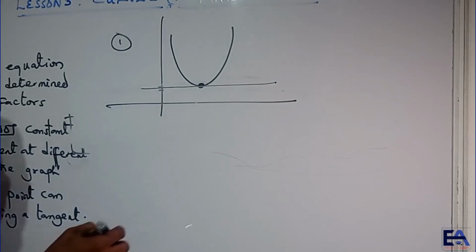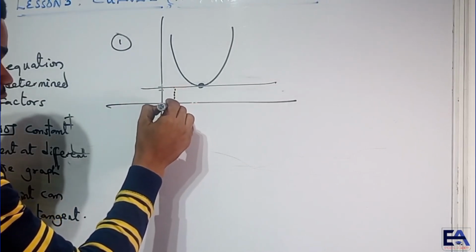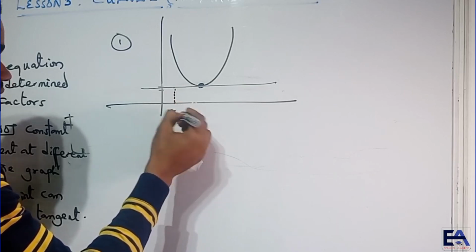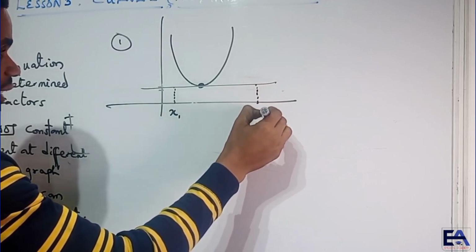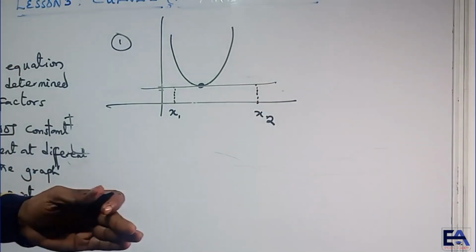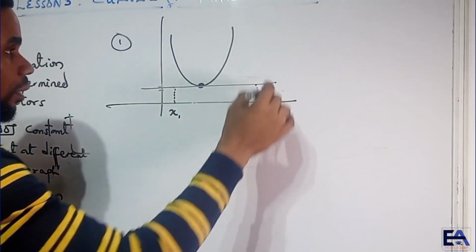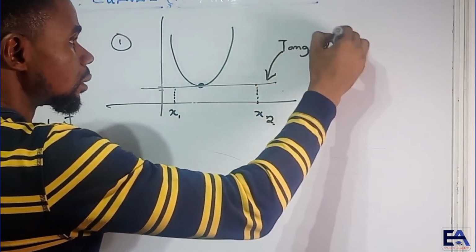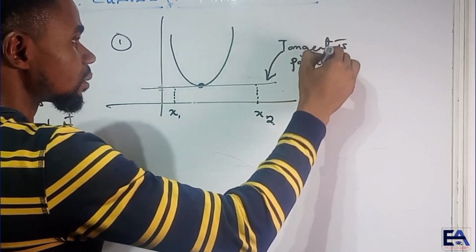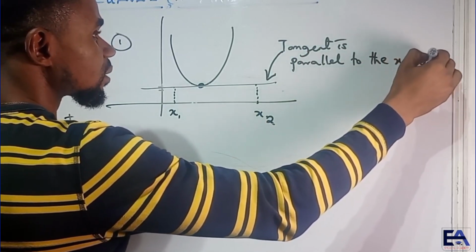Note number 1, although you can have 2 different values of x, like let's say this is x1, and another value of x, let's say x2, across that straight line. But this line happens to be parallel, which means here the tangent is parallel to the x-axis.